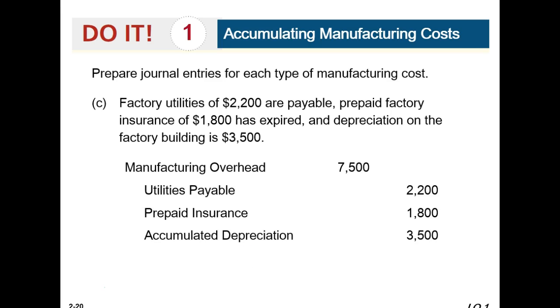Again, we put the lump sum into manufacturing overhead, and our credits are utilities payable of $2,200. Since we're reducing our prepaid insurance because we've used it up, we credit it. Does that make sense why? And then our accumulated depreciation is a credit of $3,500.